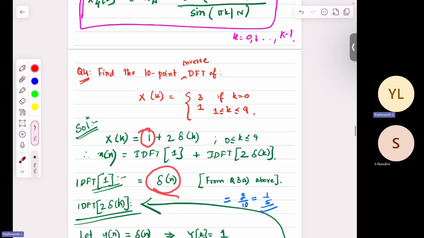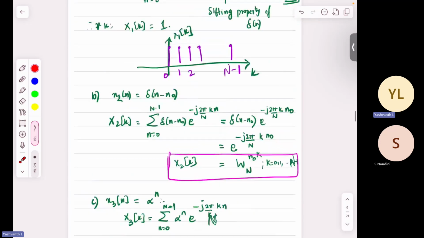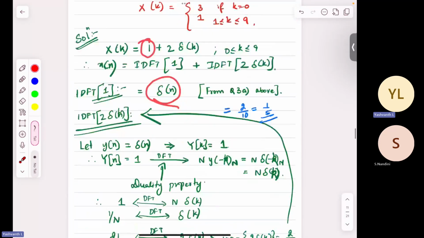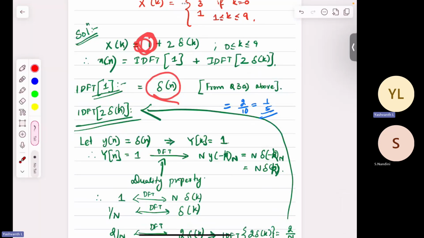Delta of n. Why? Because that's what we proved in the previous question. You see, for delta of n, its DFT is all 1 from 0 to N minus 1, and that's what we also have here. We have 1 from k equal to 0 to 9. Therefore, for n equal to 0 to 9, your IDFT is delta of n, just from the previous question.